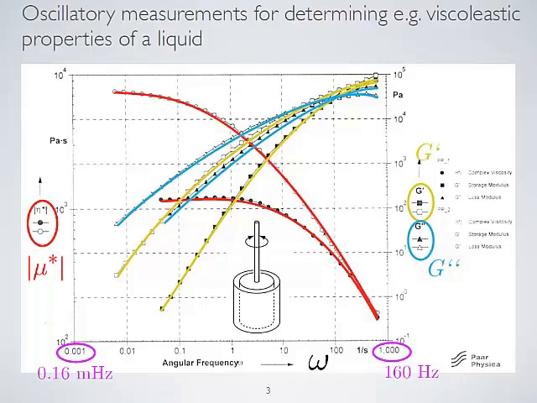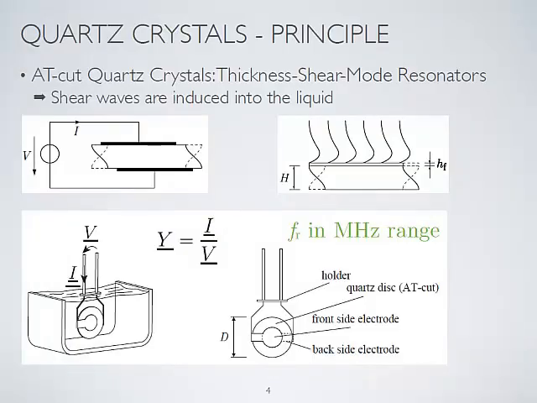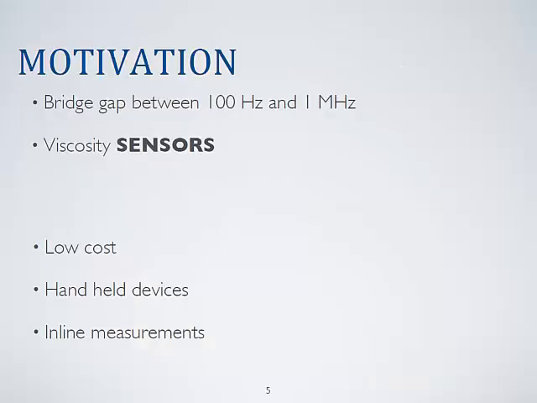On the other end of the spectrum, there is the well-established quartz crystal microbalance, which is usually operated in the megahertz range. So between these two devices, there's a large gap between 100 hertz and 1 megahertz, which we are aiming to bridge with our devices.